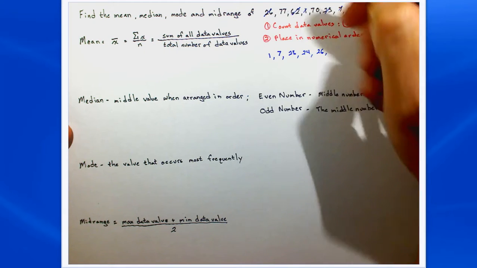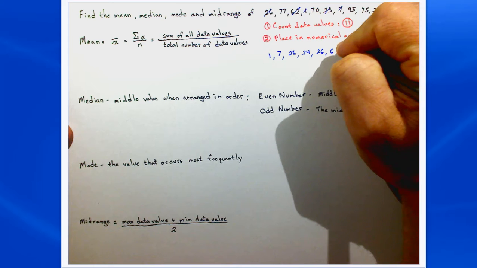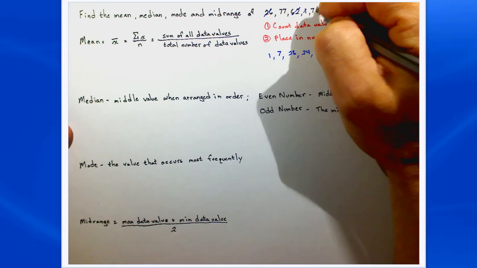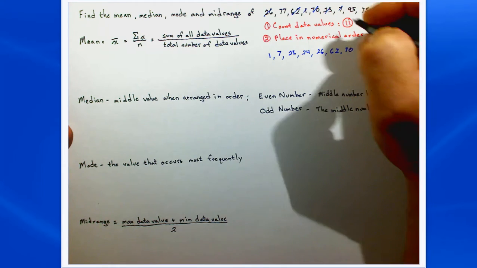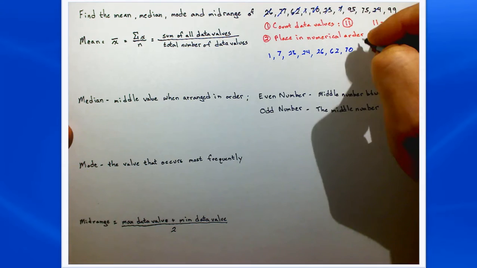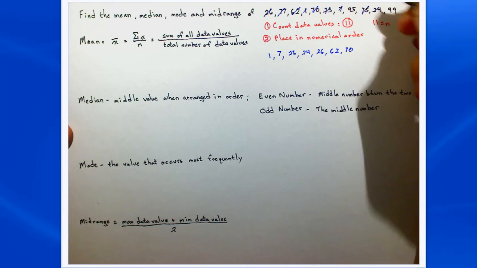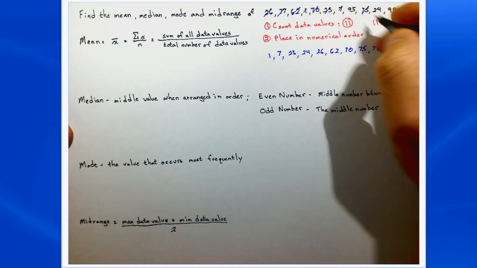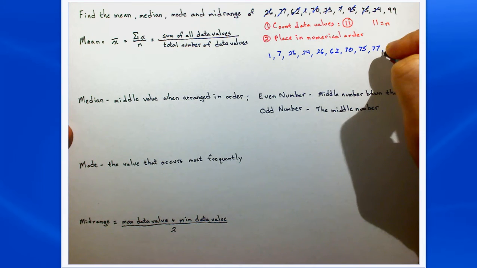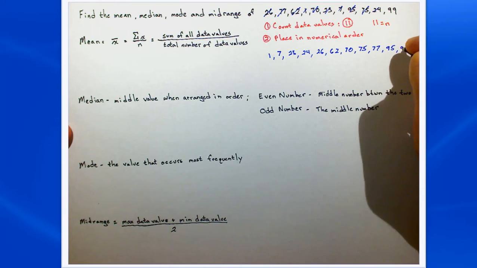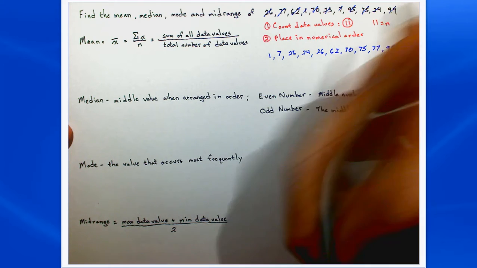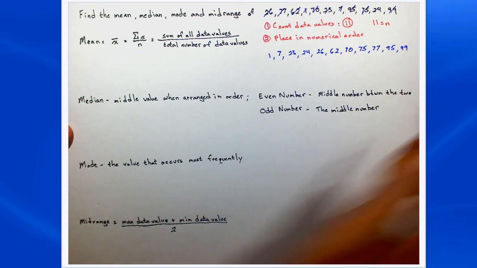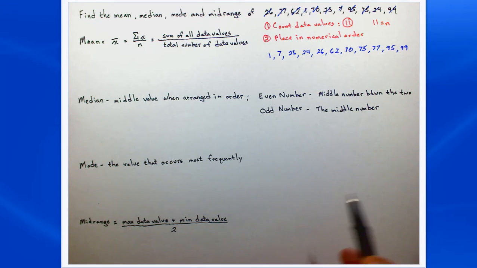Yep. See, the numbers to me, they do start to jumble, so be careful. I got a 70, a 75, and then a 77, a 95, and a 99. Okay, so 1, 2, 3, 4, 5, 6, 7, 8, 9, 10, 11. All right, they match up.